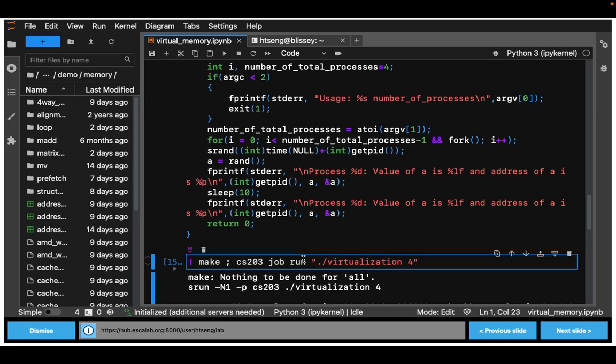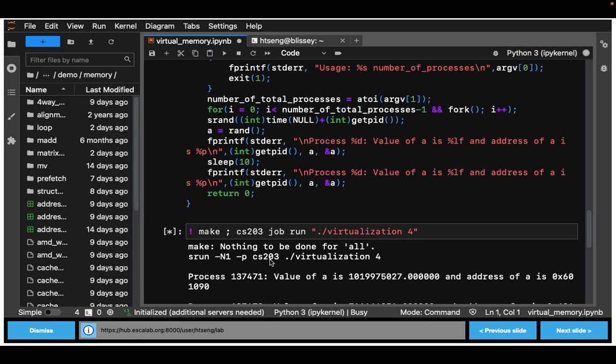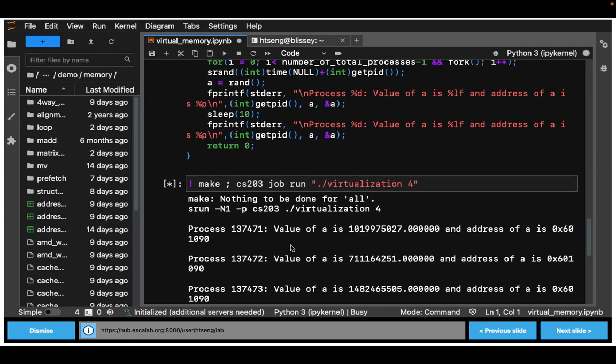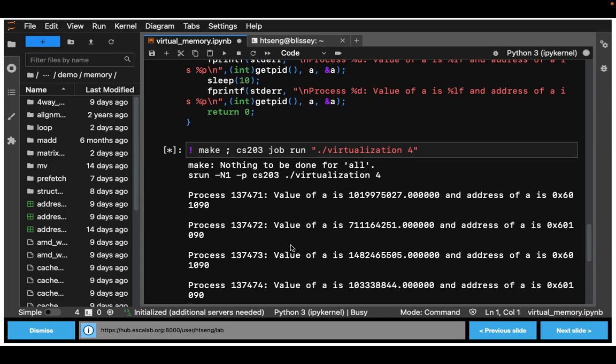Now I'm running 4 instances, and as you can see, it's running on the same cluster that you are running on. So what do you find? What's the memory address of A in each process? We have the process ID, so there are indeed 4 distinct processes. The values of A are different because it's random. You would be surprised if they were the same. What about the memory address?